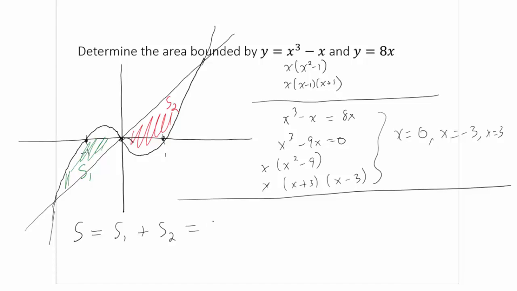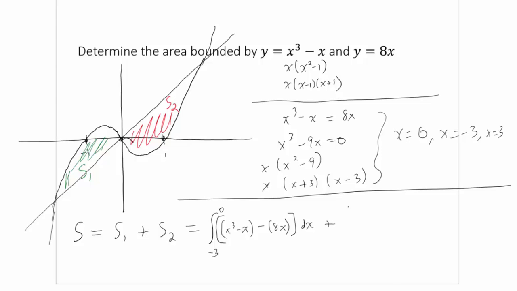Now let's see, S1 would go from -3 to 0. The upper function is the x cubed minus x. The lower function is 8x. And I would have to integrate that with respect to x.